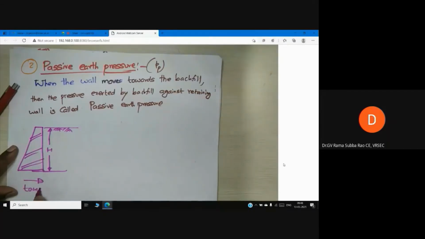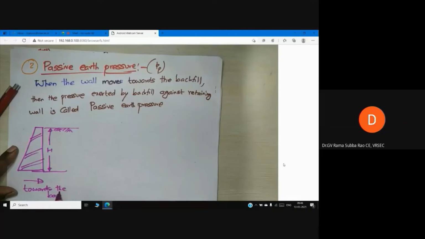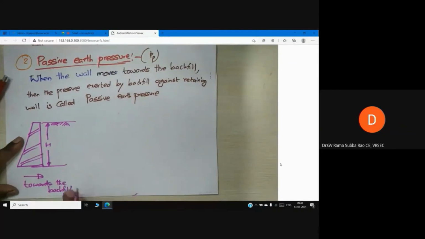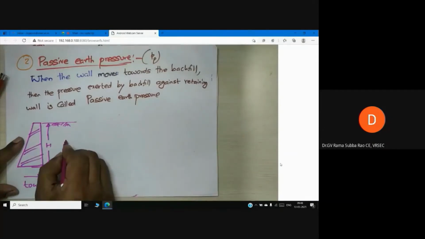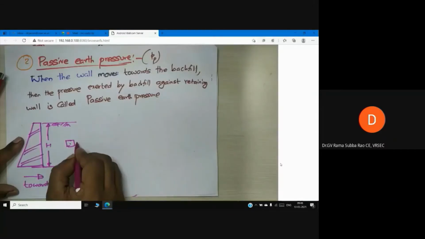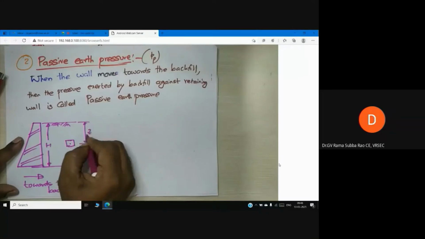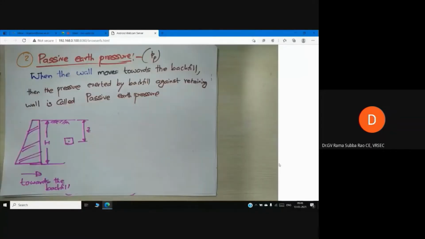You need to show the symbol towards the backfill. Now if you take a small soil element, I will tell you once again, take a small soil element at any depth z. Now you tell me the state of stresses acting on the soil element.